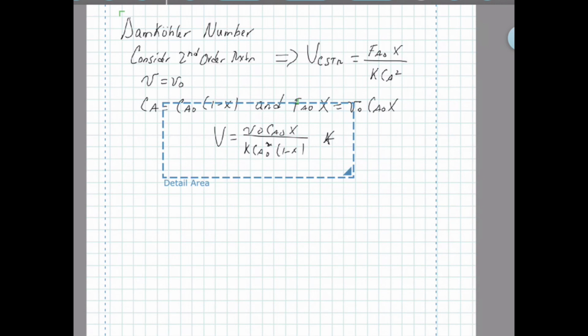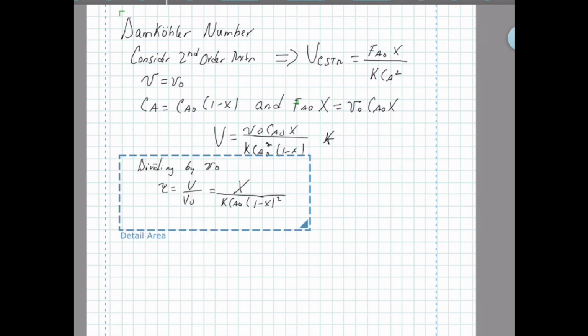So what I want to do right now is to focus on getting conversion in terms of the characteristic time, tau, because that is going to give us this new definition of the Damköhler number that we can use to characterize the relationship between the reaction rate, or the chemical reaction time scale, with the transport phenomena, or the convective mass transport rate.